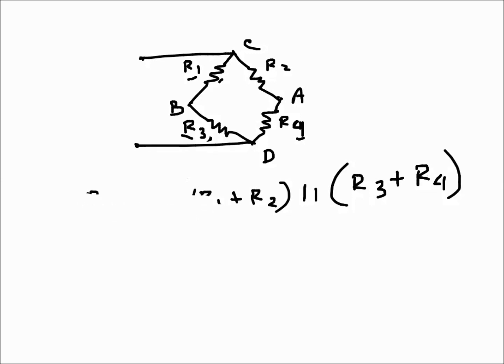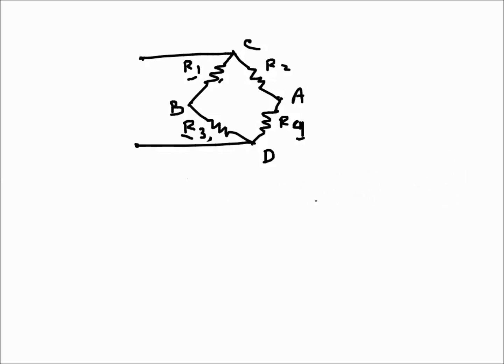Now let's think of another situation with the same resistances. What's the resistance RAB, but where this one is short-circuited? We still want to find RAB. In this case, it's better we redraw it.